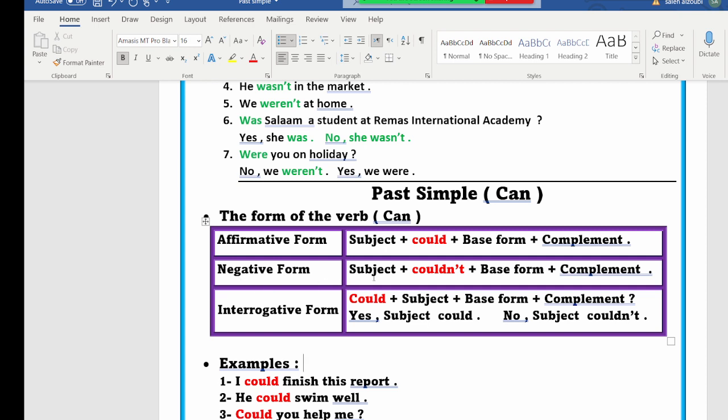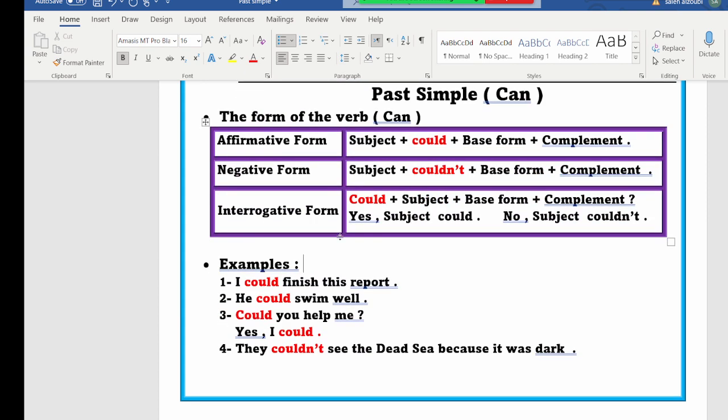Negative form: we start with subject, could not or couldn't, base form plus complement of the sentence, and full stop. Whether the subject is singular or plural we use could or couldn't in the negative form. Interrogative form: we start with could followed by the subject, plus base form plus complement of the question and a question mark.